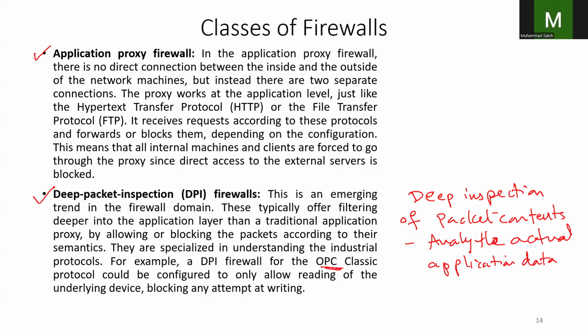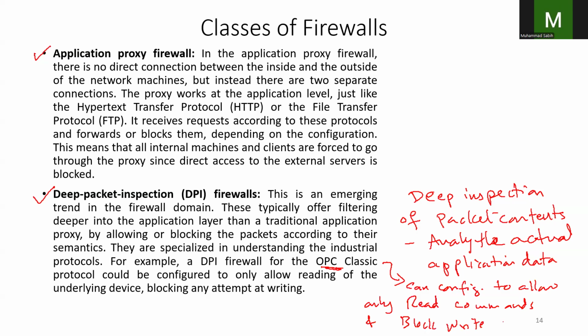And because of this, for example, if we are talking about OPC Classic communication, we can configure this firewall to allow, let's say, only read commands and block any write command operations.